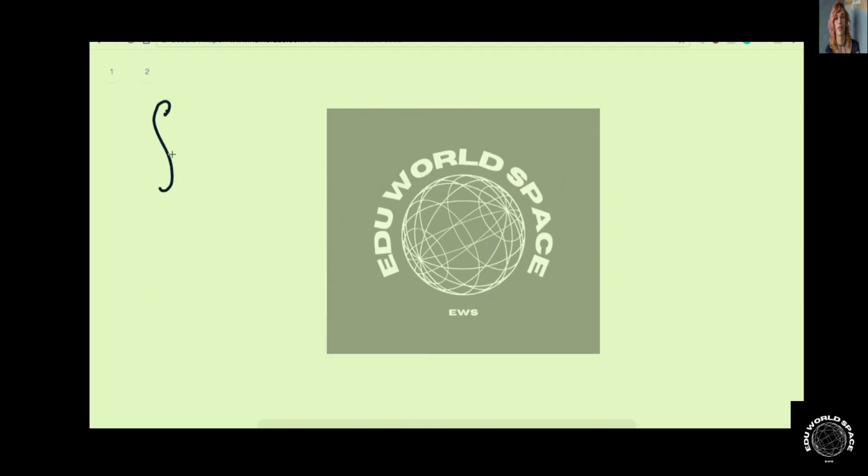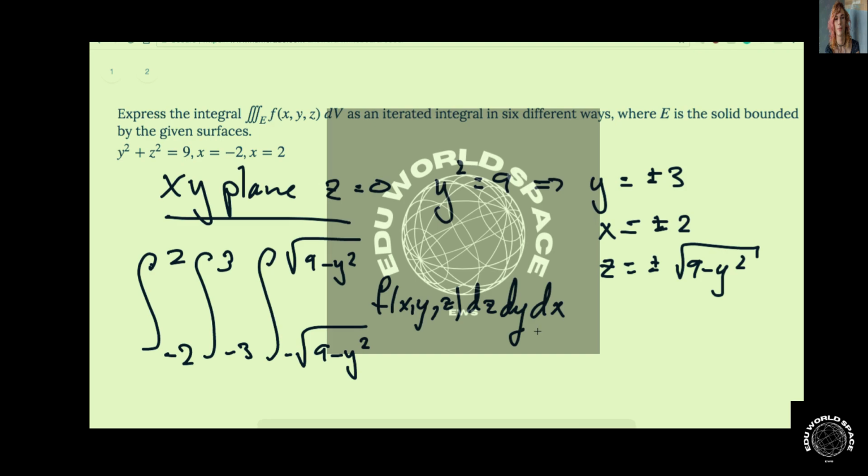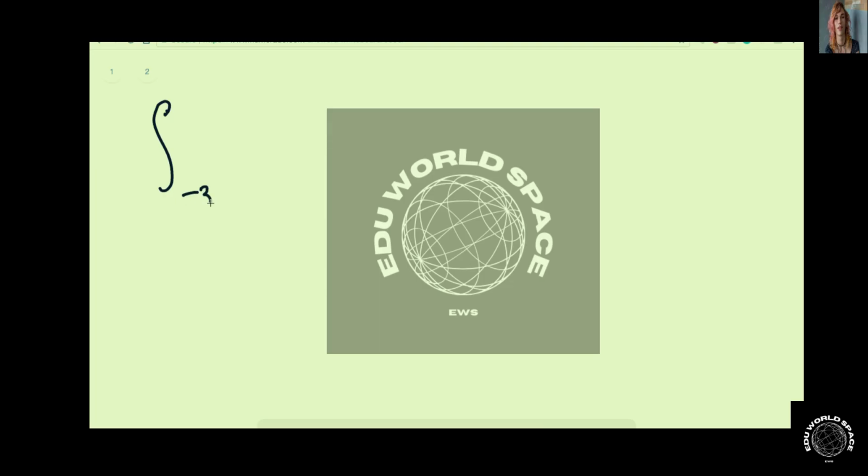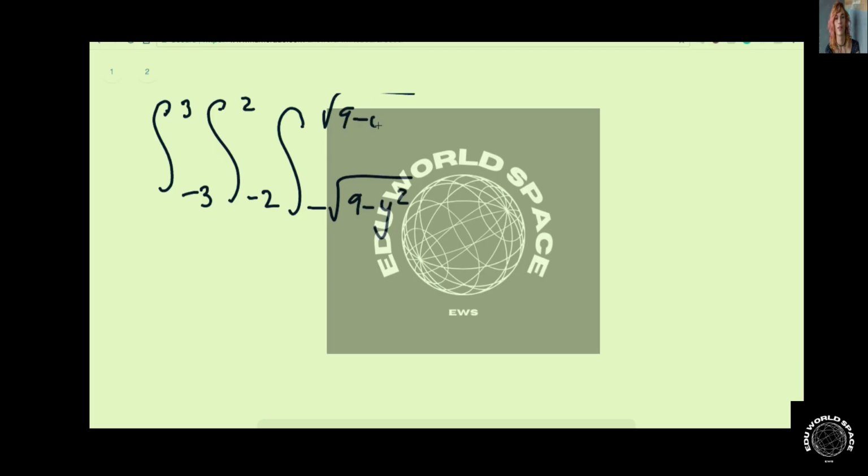Our second integral, we're going to keep the z the same, except we're going to switch these. So in this case, it's not too difficult to see. We've got -3 to 3, -2 to 2, negative square root of 9 minus y squared, square root of 9 minus y squared, f of x, y, z, dz, dx, dy. Okay?